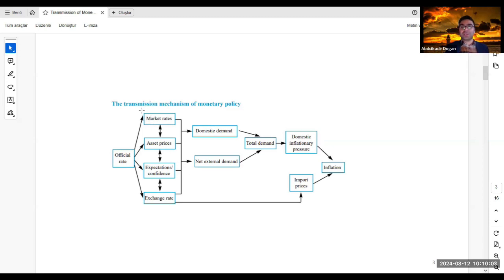As you see here, these 4 channels of the monetary policy transmission directly affect the domestic demand first and the external demand, the rest of the world, at the end.